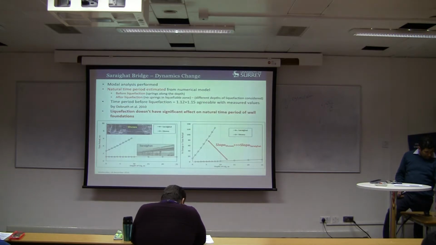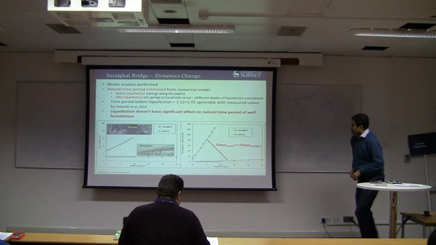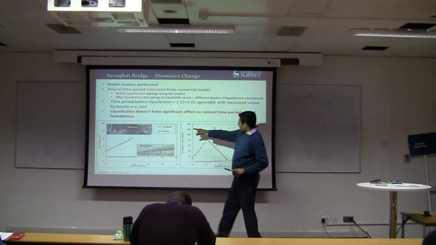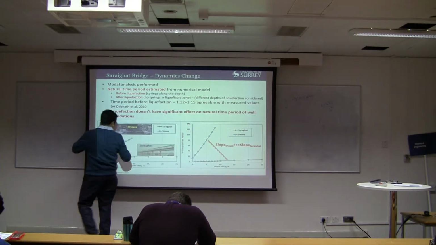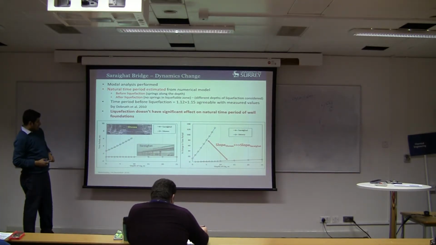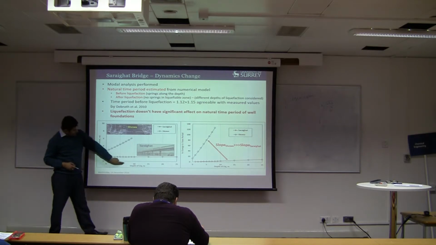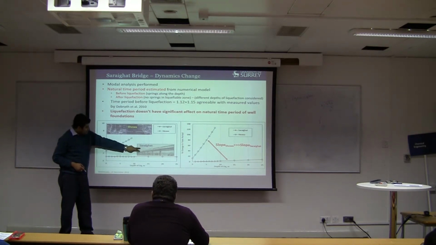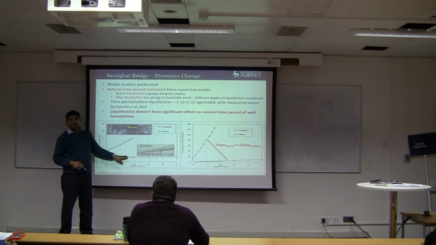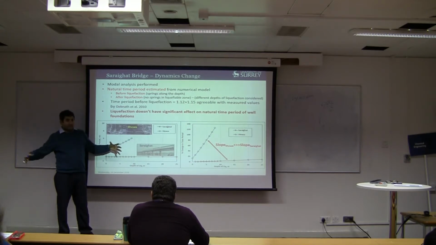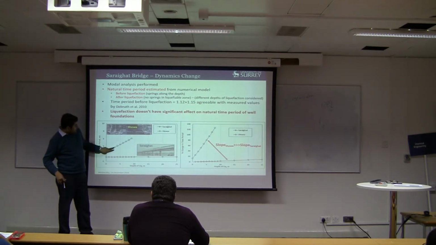To give you an example, here is the bridge that failed and the bridge that didn't fail. The only difference is, as soil liquefies, this bridge's time period didn't change at all. It's so rigid. And for the other bridge, the time period kept on increasing.